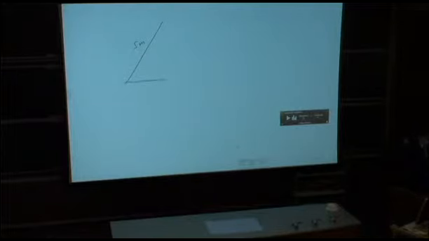This is only one of many, right? But for example, I can draw another line like this, and I can draw a perpendicular to this line, 90 degrees. So this new triangle has the same hypotenuse, but clearly the sides are different.